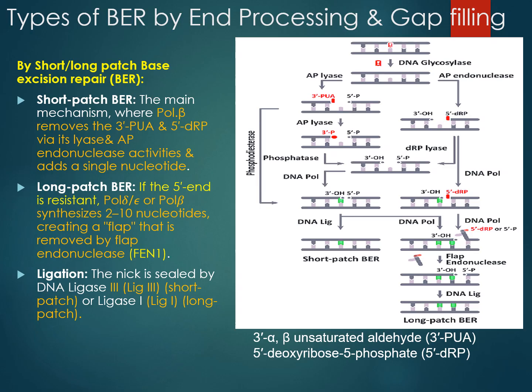Then the gap created by the removal of this flap will be filled by ligase. In short patch, one nucleotide is added and then sealed. In the long patch, the new nucleotides are added and the gap is finally filled by ligase. Ligase 3 fills the short patch, and ligase 1 fills the long patch.